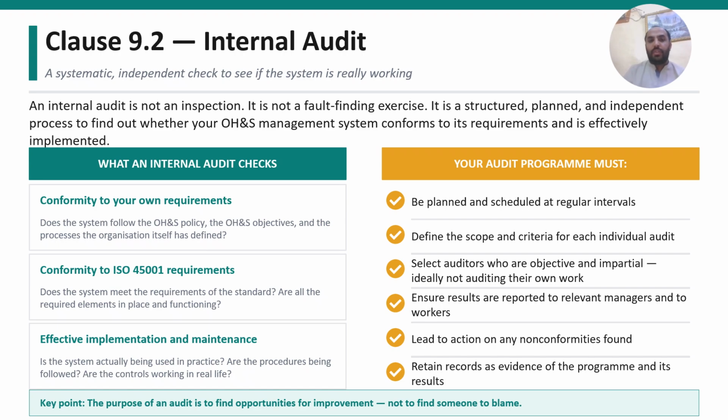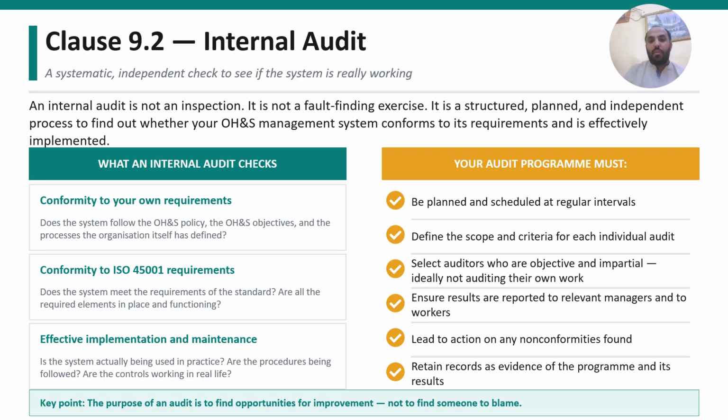Each individual audit must have a clearly defined scope and a defined set of criteria that will be used to make judgments. It should not be based on bias. Auditors must be selected for their objectivity and impartiality.